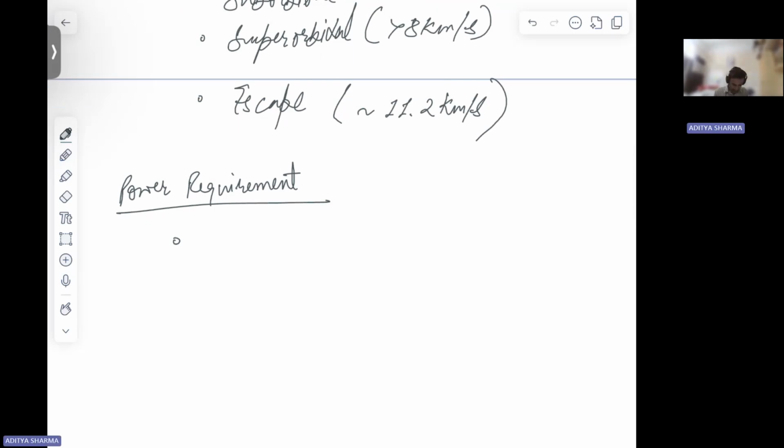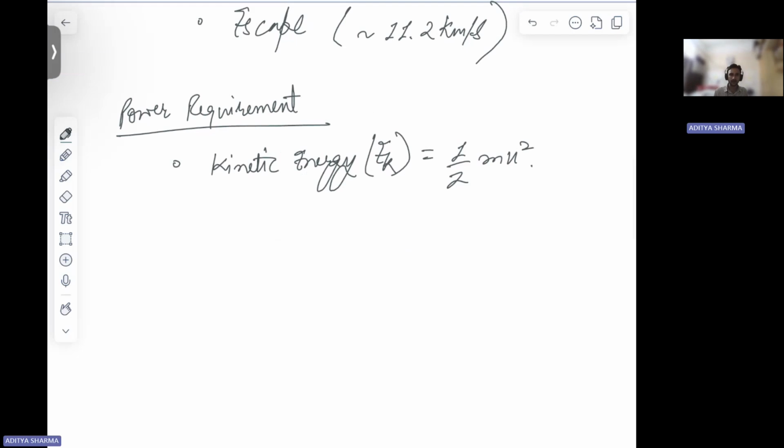So kinetic energy is given this way, right? Now for mass, we can write it as rho AL.